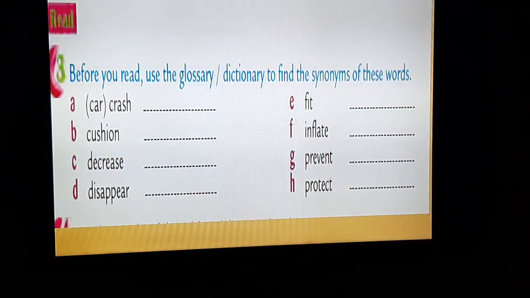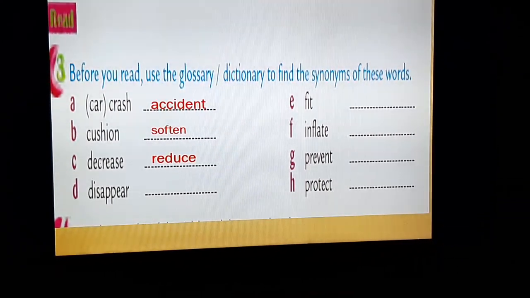Exercise number 3 needs the synonyms of these words, the meaning of these words. Can you give me other words with the same meaning as these words? Car crash, for example. Car crash means accident. Caution means soften or relieve. Decrease, to reduce.